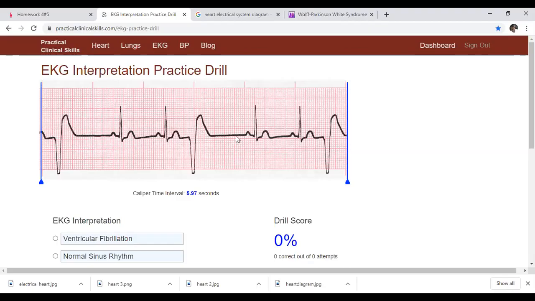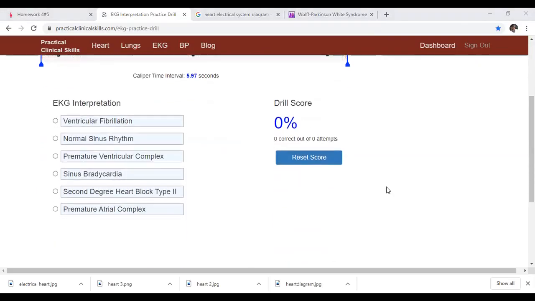And then again, after that, you go on to another PQRST, PQRST, then another bizarre looking QRS out of nowhere. What is that called? Put it in the chat. Your choices are these. Put it in the chat to me privately what you think you just saw.